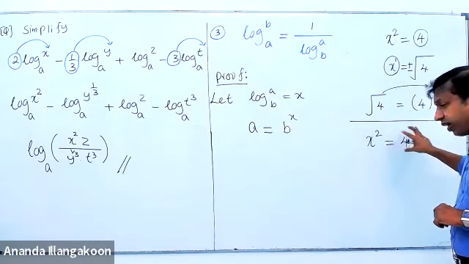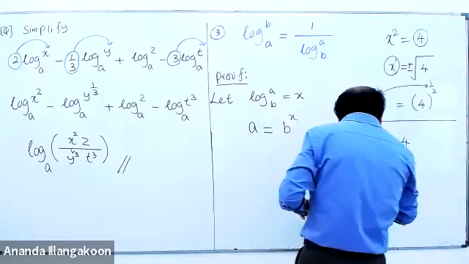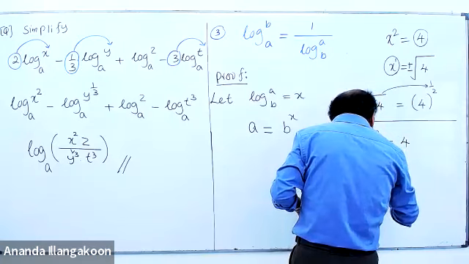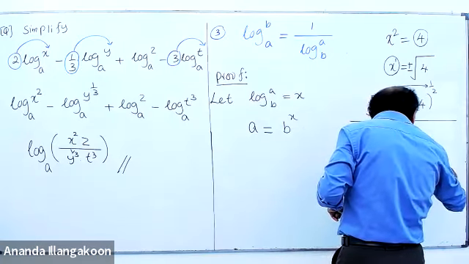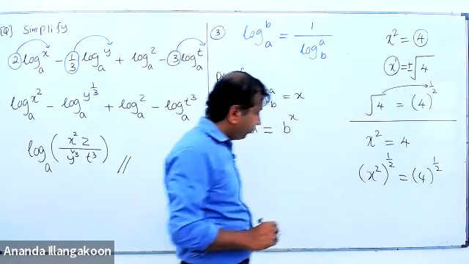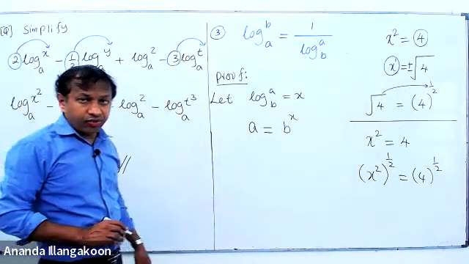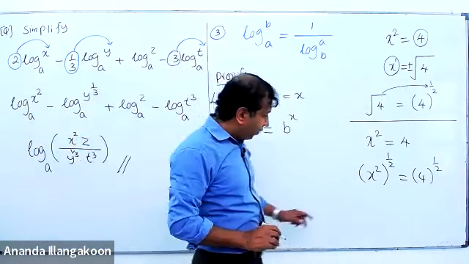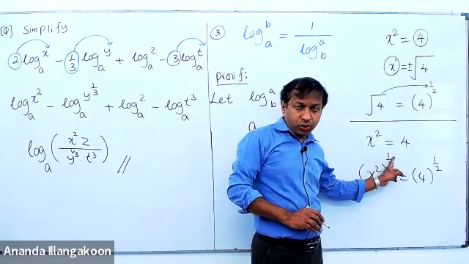Then on the left and right, we take the power half. Then x squared to the power half equals 4 to the power half. This is what we get. You know how to simplify the left hand side. We have inner power 2, we have outer power 2.